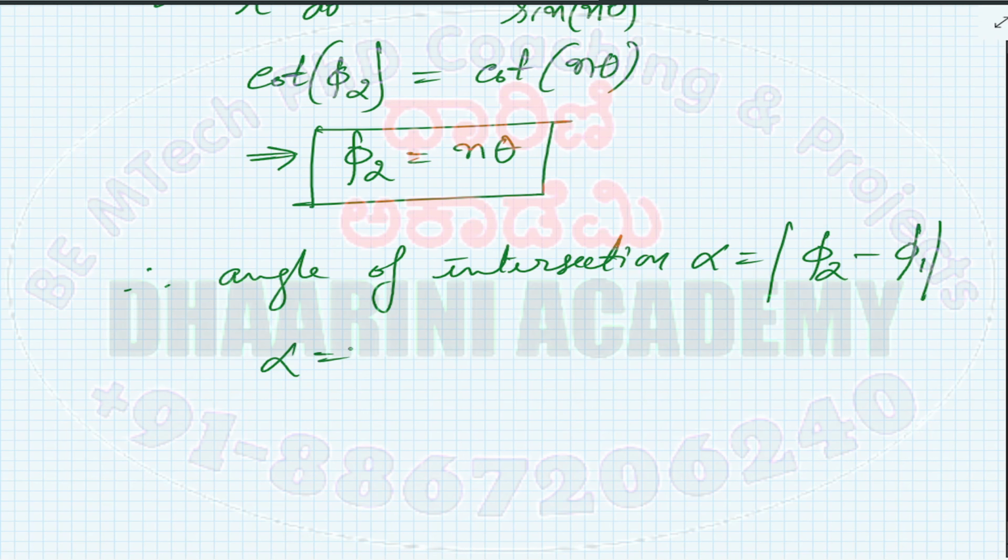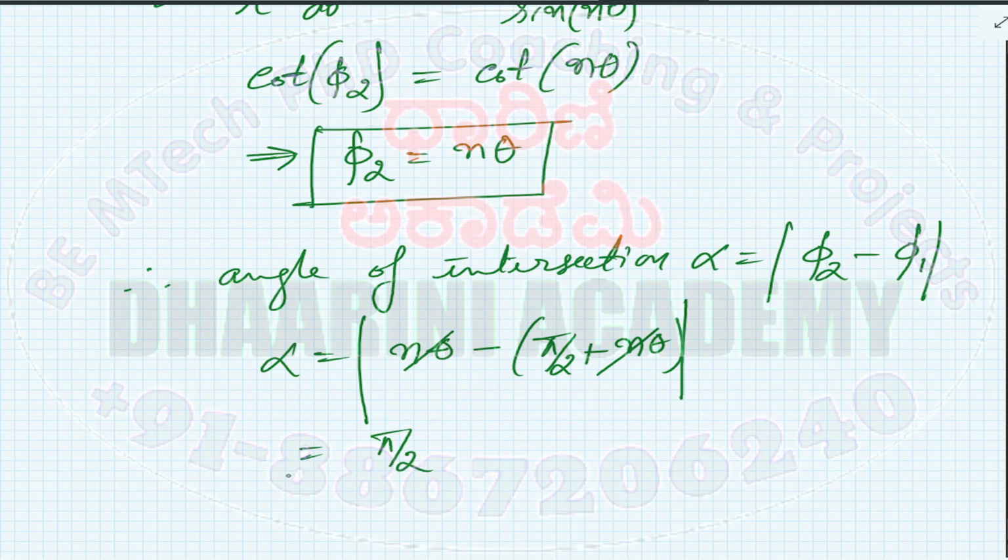So this is equal to the magnitude of phi 2, which is n theta, minus phi 1, which is pi by 2 plus, my mistake, plus n theta. So n theta and minus n theta will cancel. The magnitude of minus pi by 2 is pi by 2. So the angle of intersection in this case is 90 degrees.